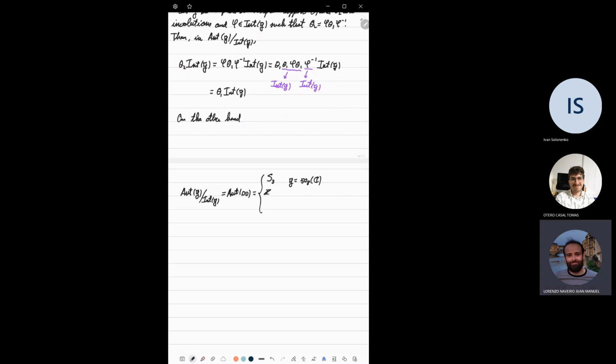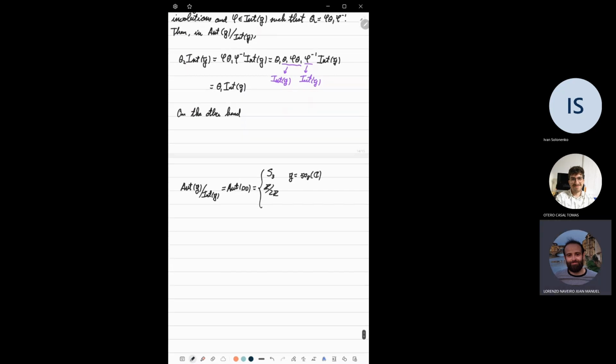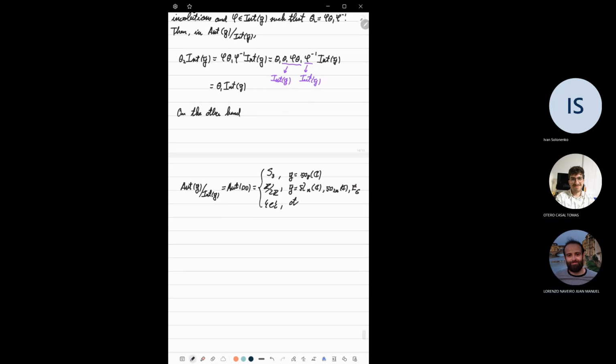It could be C2 in the case that G is either SL(N,C), SO(2N,C), or E6, or simply the trivial group in any other case.